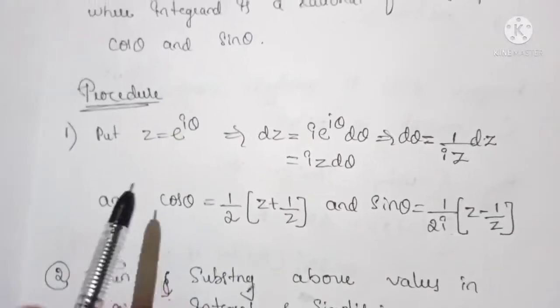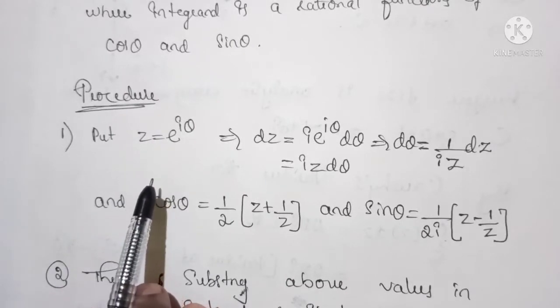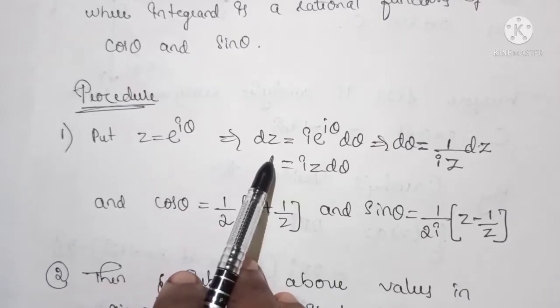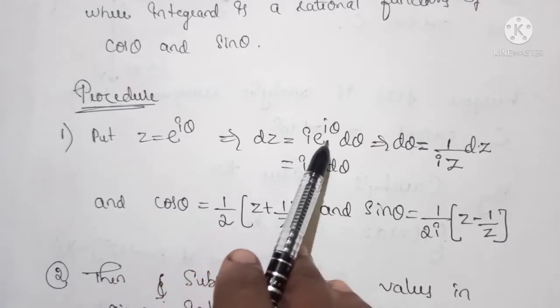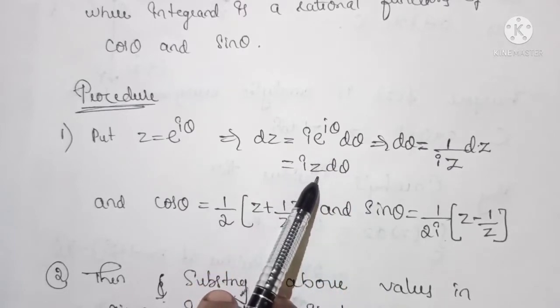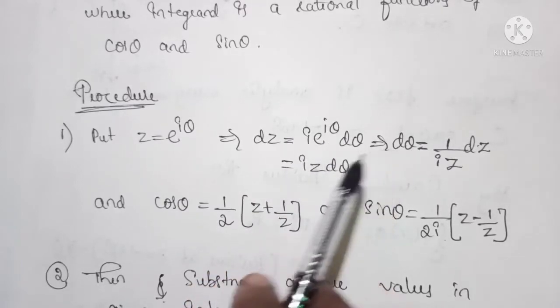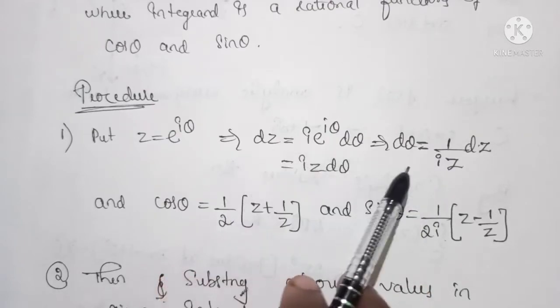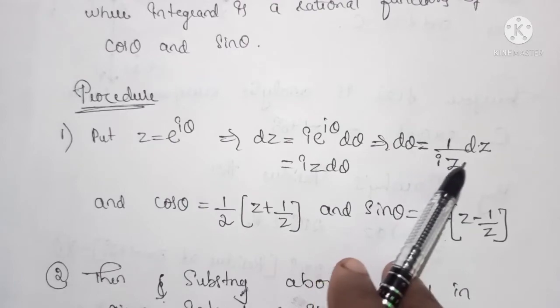Procedure: in the given integral we put z equals e raised to i theta. Differentiating, we get dz equals i times e raised to i theta d theta. Here e raised to i theta is nothing but z. Therefore d theta can be written as 1 divided by iz dz.